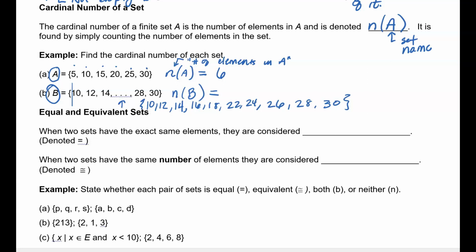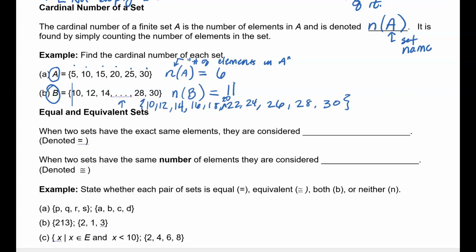Did I count that right? Let me count it one more time, because I have 11 in my answer key. Oh, I forgot 20 there. I'm glad I double checked. So 18, 20, 22. Okay, so 1, 2, 3, 4, 5, 6, 7, 8, 9, 10, 11. Okay, cool, that matches up. So the number of elements in B should be 11.